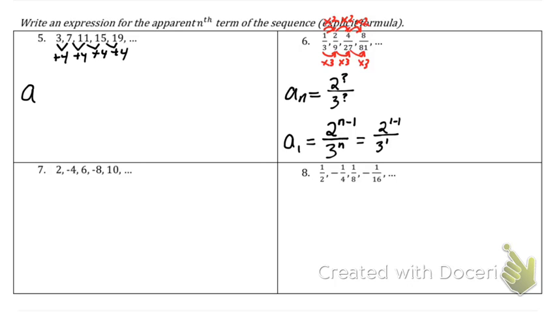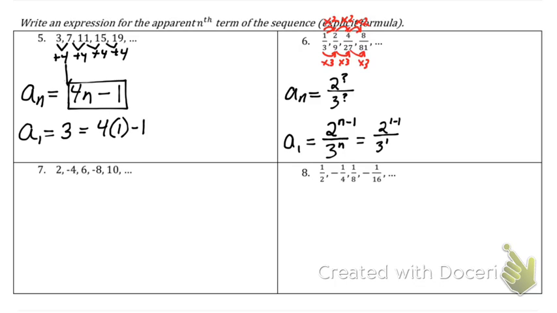So we said yesterday that it'd be a sub n equals, we carry down that 4, and we call it 4n. And then to figure out what we're adding or subtracting, I just go a to the first needs to equal 3. Well, right now we have 4 times 1. Well, I would need to subtract 1 to get that 3. So this would be 4n minus 1. That's one of the options.